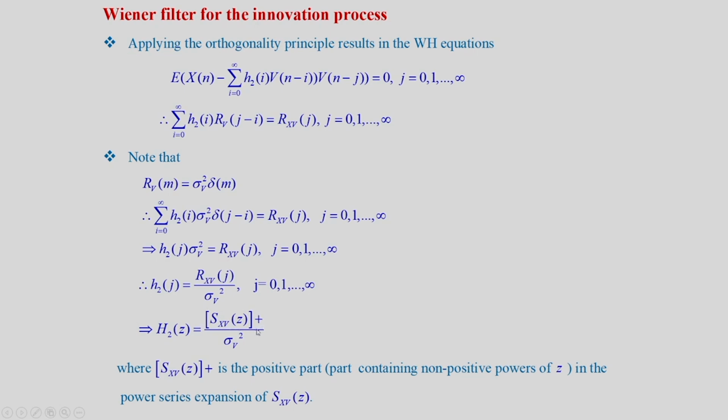Therefore, we have to consider only the positive part of the z transform, that is H2 of z is equal to positive part of Sxv z divided by sigma v square, where Sxv z plus is the positive part, that is the part containing the non-positive powers of z, that is z to the power 0, z to the power minus 1, z to the power minus 2, etc. in the power series expansion of Sxv z. Therefore, H2z will be given by the positive part of Sxv z divided by sigma v square.